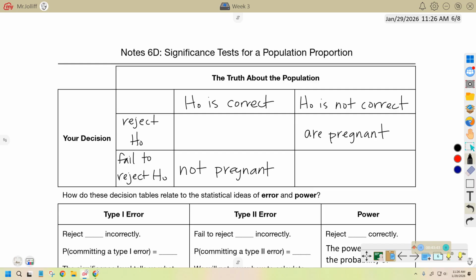Now we have to consider the frowny face boxes. So, upper left, reject the null, but the null is correct. What has happened? A false positive. Remember that the null is I'm not pregnant, so I'm rejecting the statement I'm not pregnant. So I think I'm pregnant, but actually not.